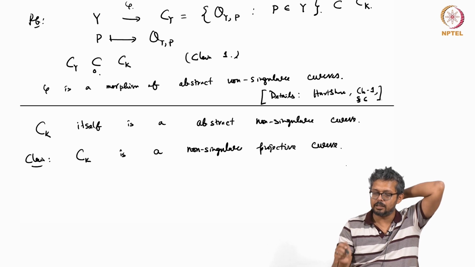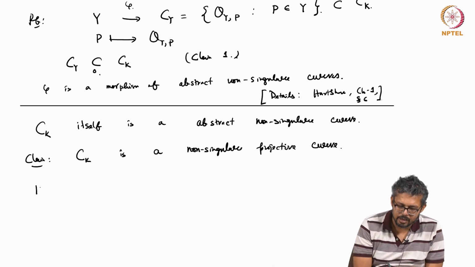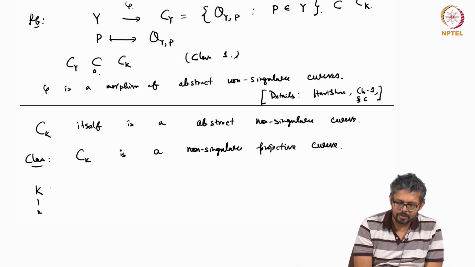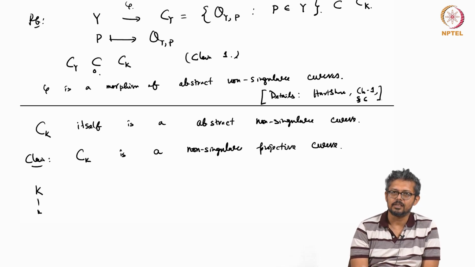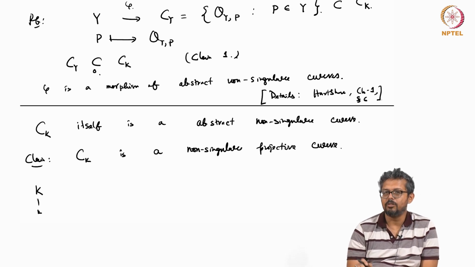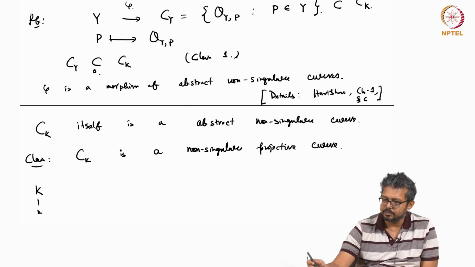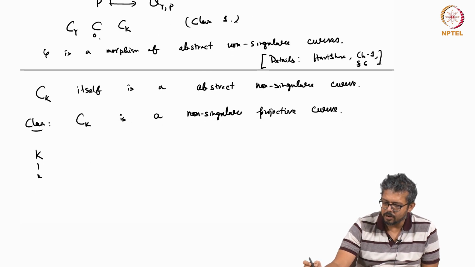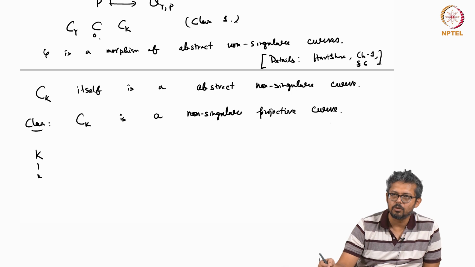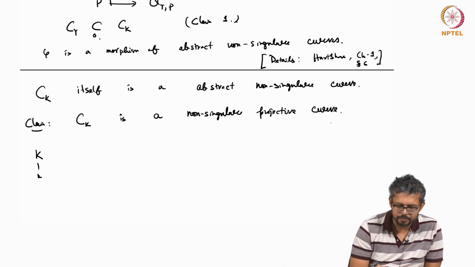Remember that if I fix K over k, fixing K means that I am fixing a birational class. Once you fix a birational class, this is the unique curve C_K lying in this class. So C_K is a non-singular projective curve in the usual sense.